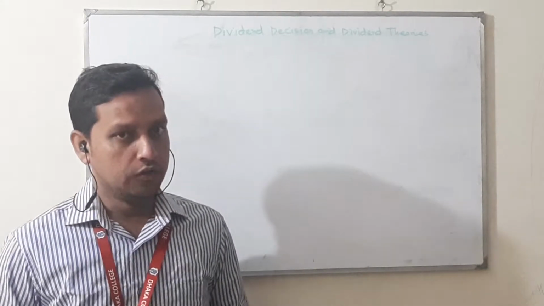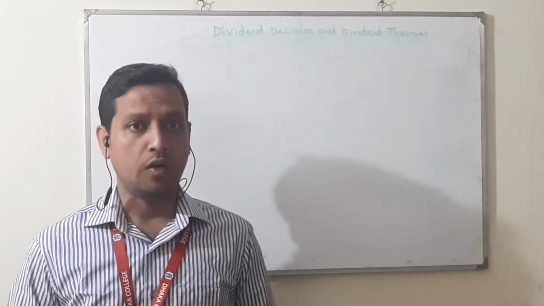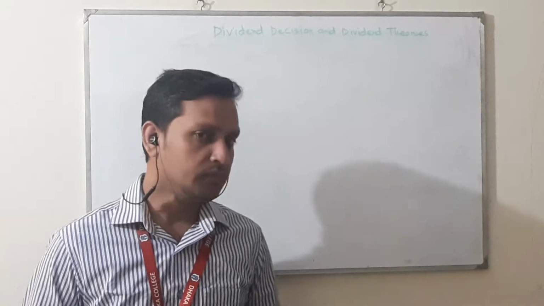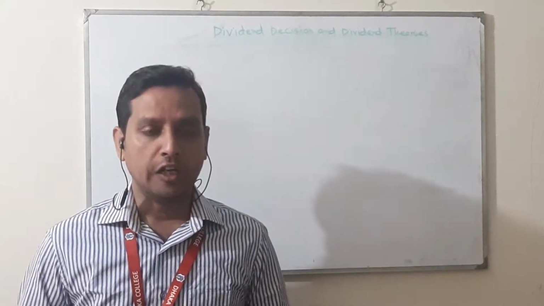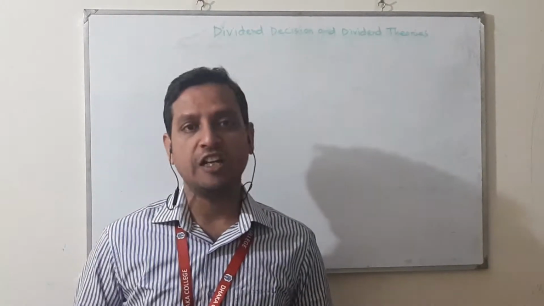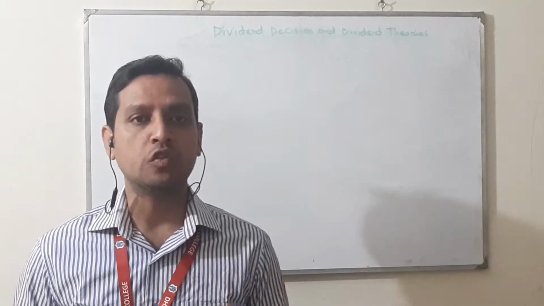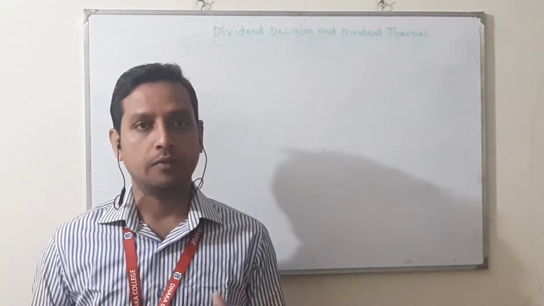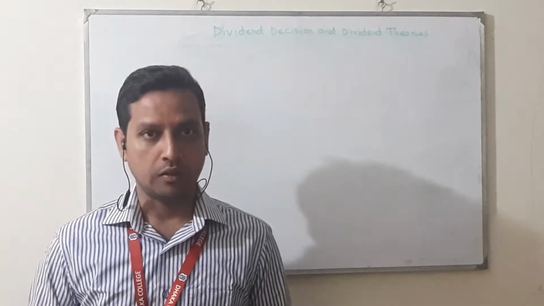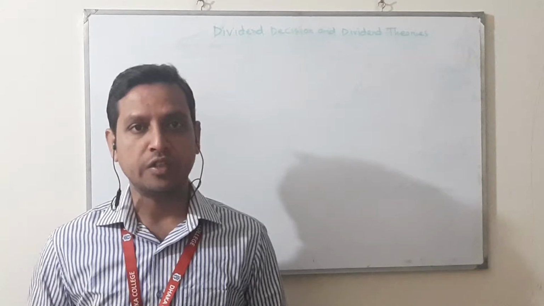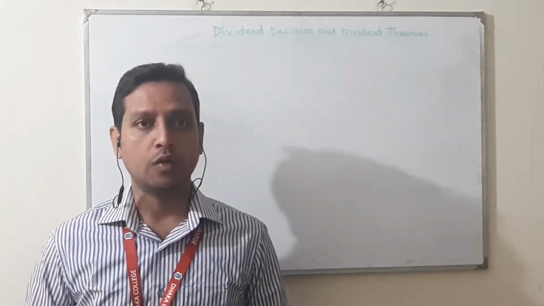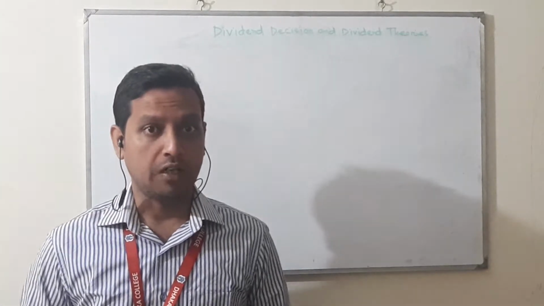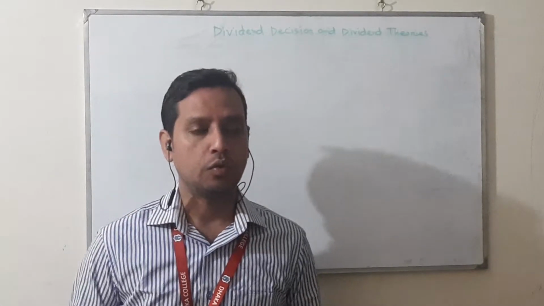Okay, so dear students, what is the relevance of the dividend decisions? I mean, if the company declares a dividend, then they use this dividend. If they give the total dividend, then there is no retained earning, then what will be done by them?